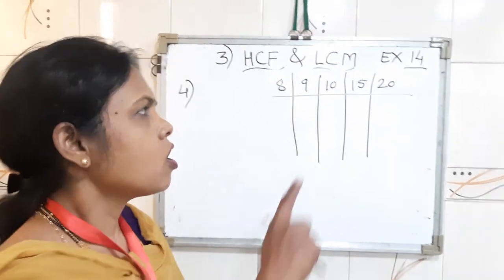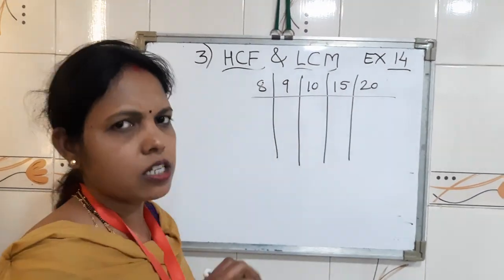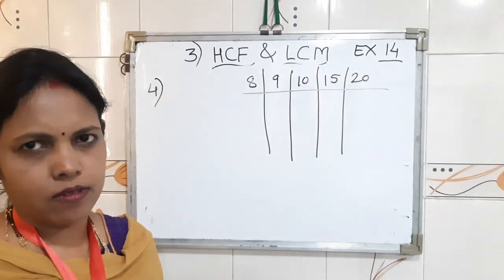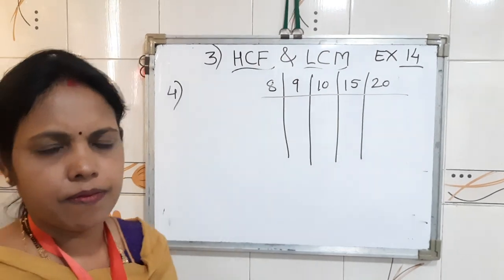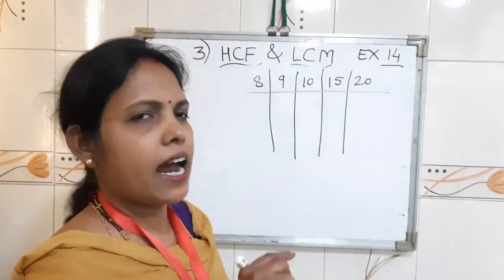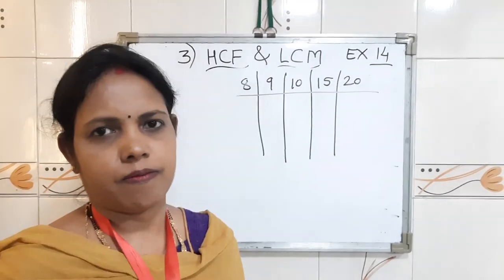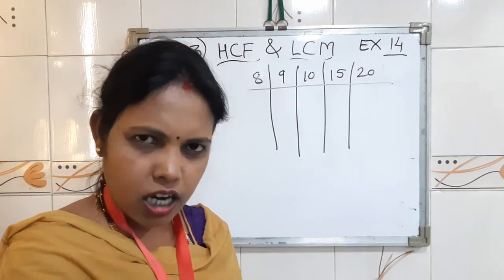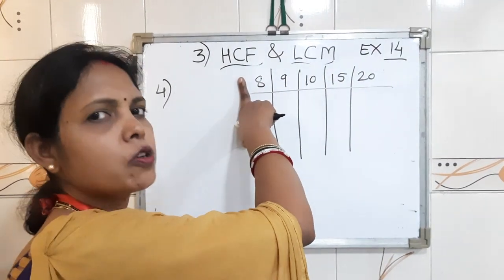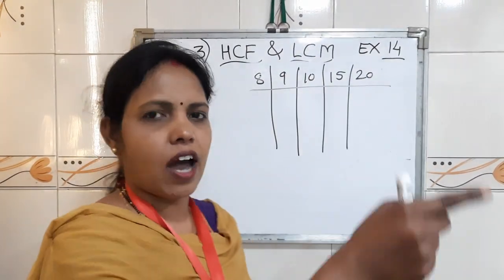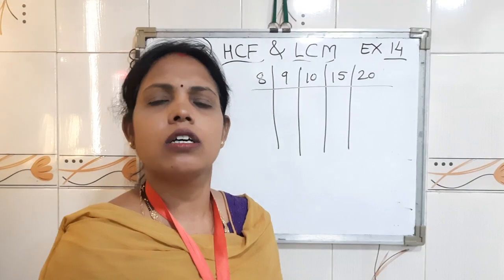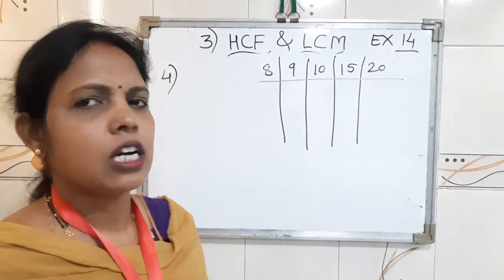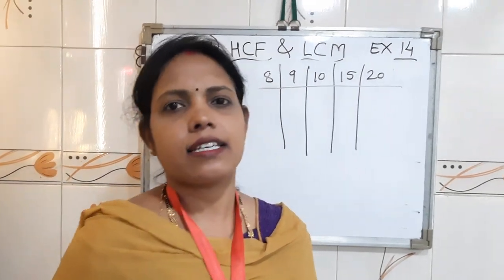What will you do? For all these 5 numbers, first as it is, we find out the LCM, and to that we will add 5. The LCM product you get is the answer, and plus 5 you will get your number. Therefore, I will solve this question in the next class.